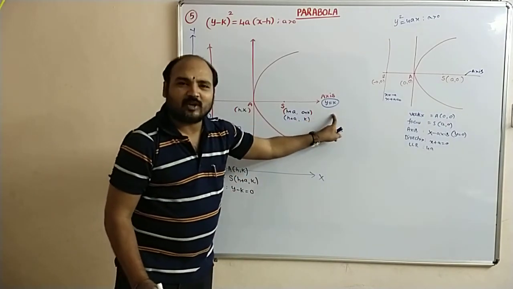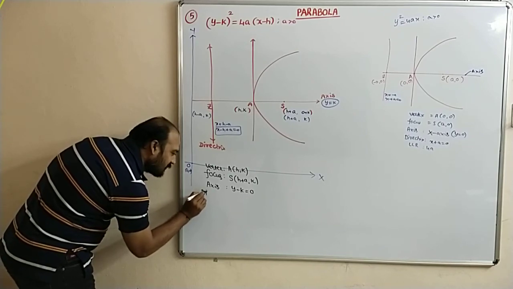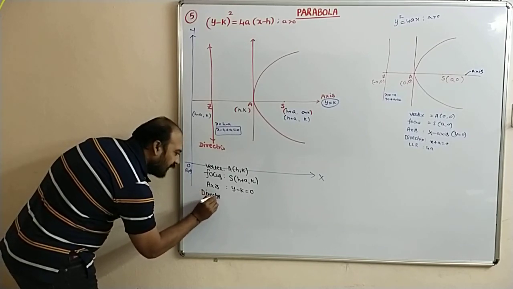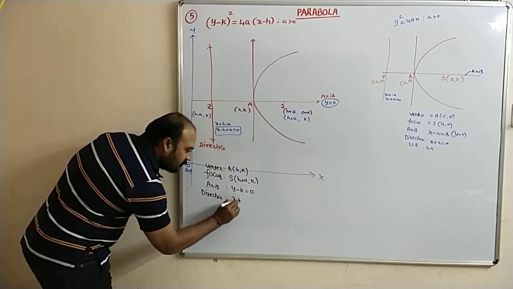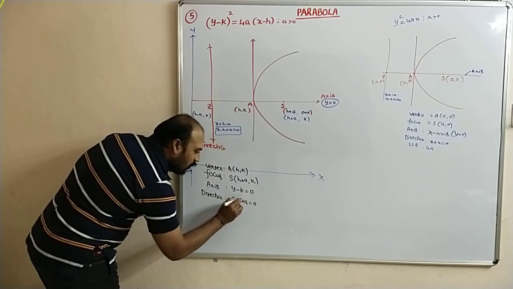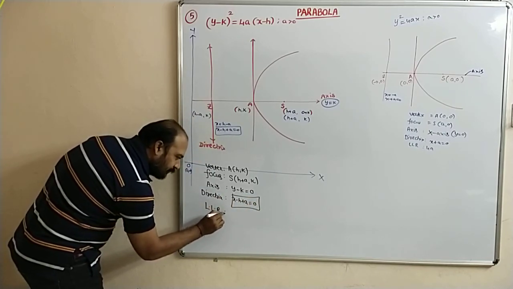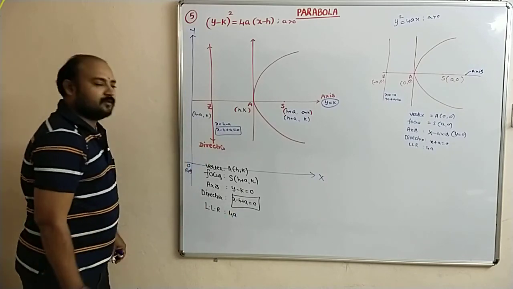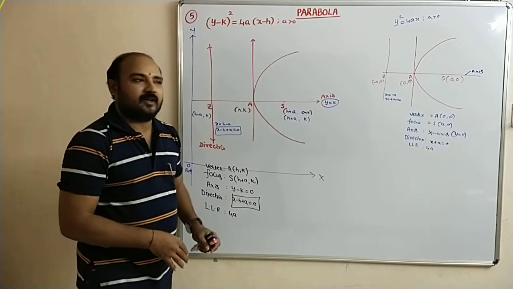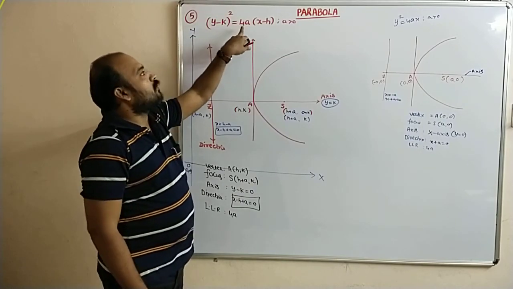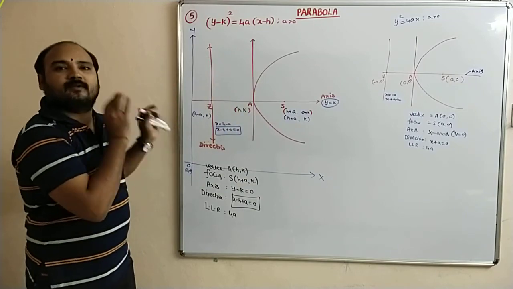That is the same as y is equal to k. Next, directrix: x minus h plus a equal to 0. And LLR, the length of latus rectum, equals 4a. We will discuss the figure y minus k whole square equal to minus 4a into x minus h. Same figure, but it will be on the left side.